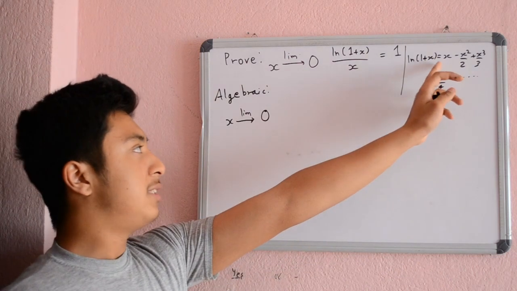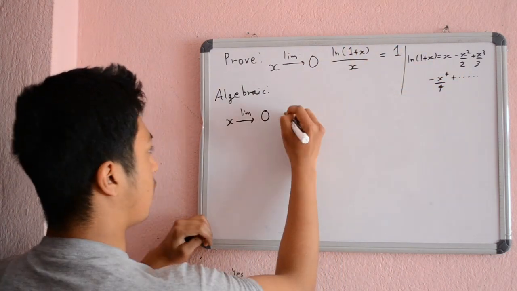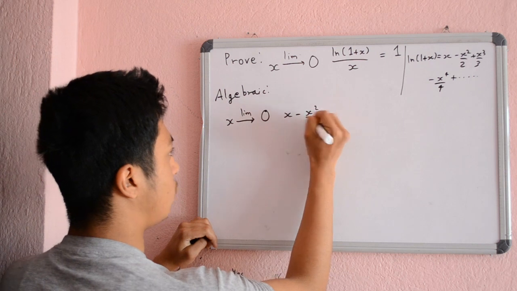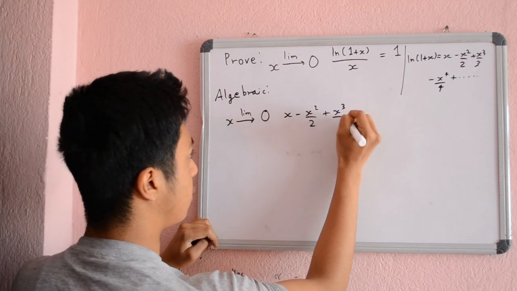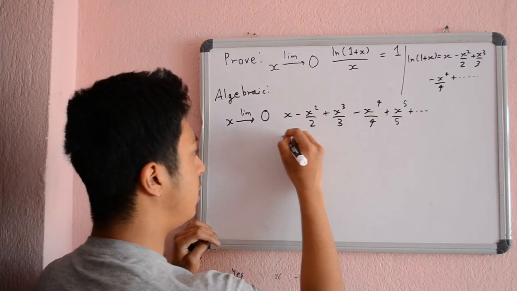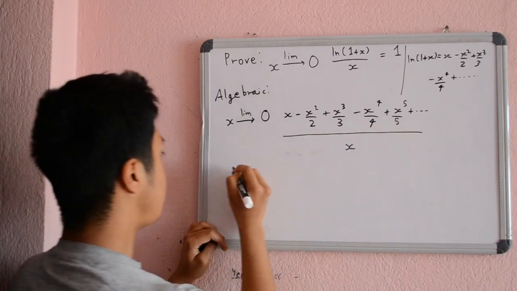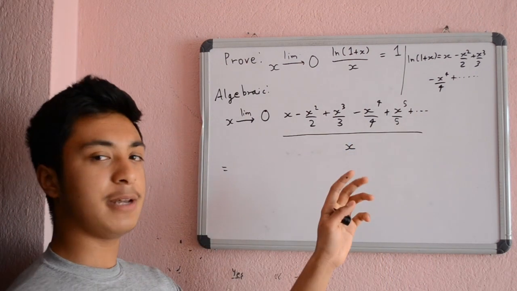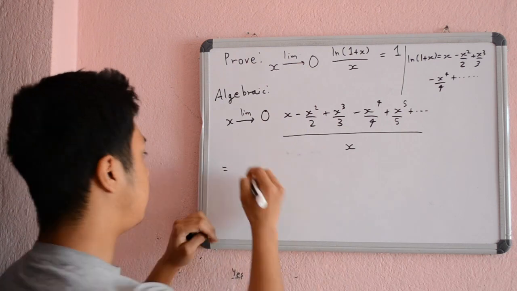And you can put this expansion right over here. So this becomes (x - x^2/2 + x^3/3 and so on) divided by x. And in the next step, just divide by x.